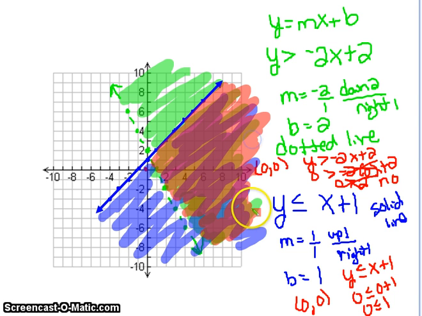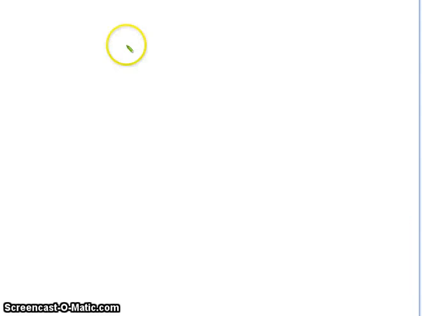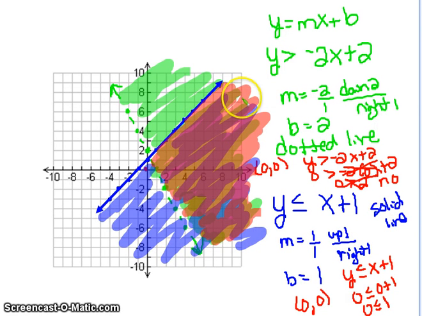Some students like to use colored pencils. I know you all have thousands of markers and Sharpies, so just please try not to draw on each other or the desk. But this way you can see how all of the points in the red section are answers for our system of inequalities. And there are infinitely many.